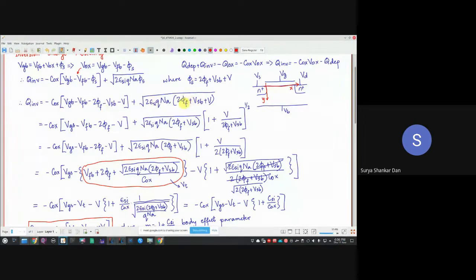That's what we have done here also. Now what we are doing is, like in the previous lecture, I have put 2 phi f plus VSB outside the bracket since it is larger than V, and basically we end up with this one. Until this step, it was similar to the previous one. Now, here I will apply the gradual channel approximation. In the gradual channel approximation, we are assuming that the variation of the vertical field is much higher than the variation along the lateral field.